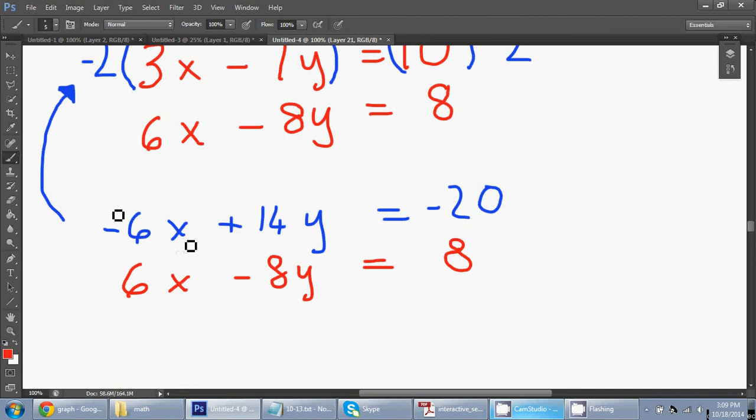So this variable here is x, and I wanted to get a negative 6 on the first one because this bottom had a positive 6. And why? Because you can actually just add these two equations together to get a new equation. And when I add these equations together, the 6x disappears. It goes away because what's negative 6x plus 6x? It's 0. So the x's go away.